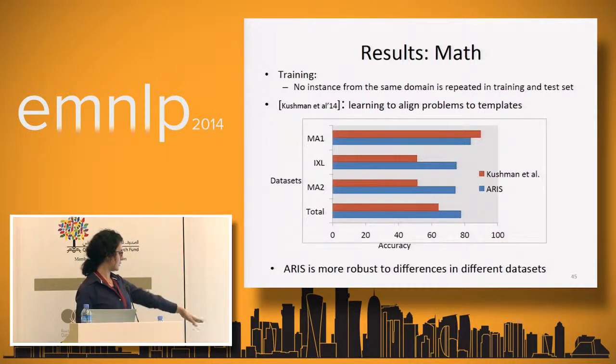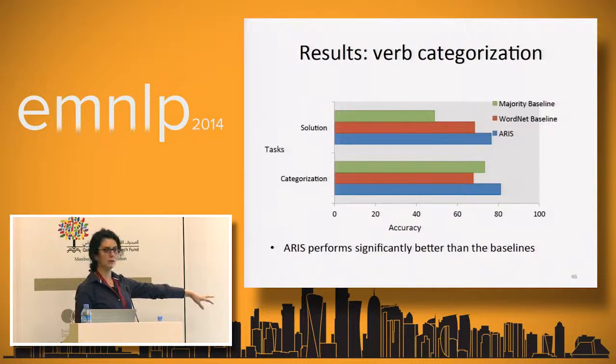So as you see, looking at the total number, we significantly outperform Kushman et al.'s work. And as you see here, the most gain that we observe is from these 2 data sets that included missing information and irrelevant data.